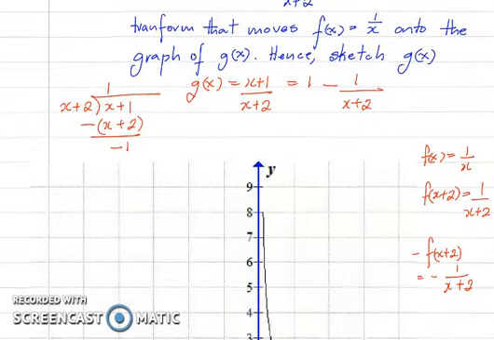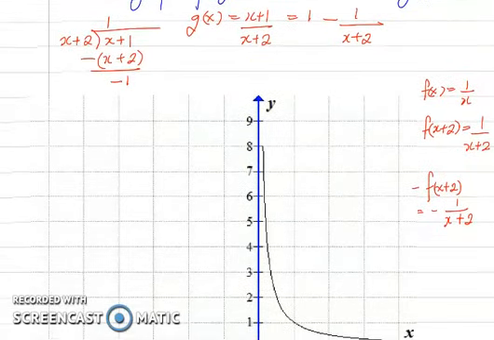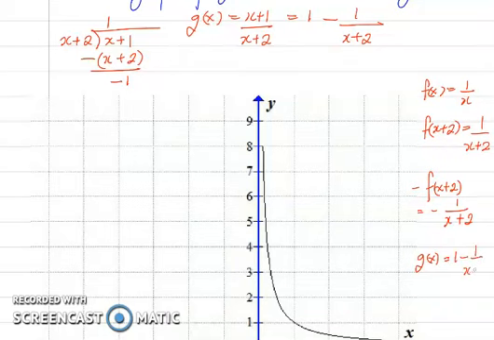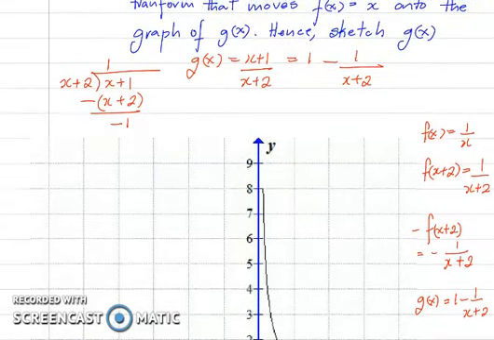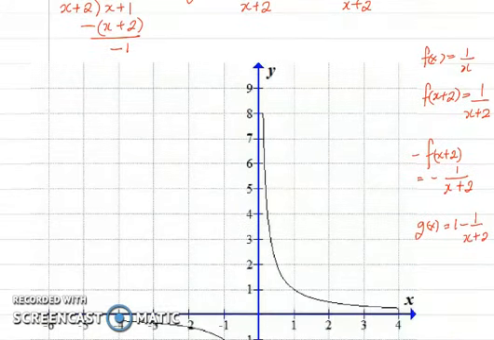And then finally we have g of x, which is equal to 1 minus 1 over x plus 2, and that would be a vertical translation of 1 unit. All right, so then they say and sketch, so let's sketch.